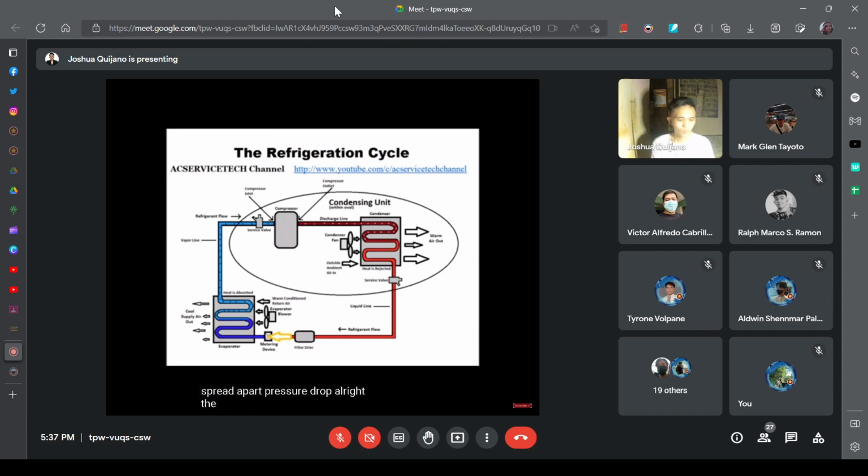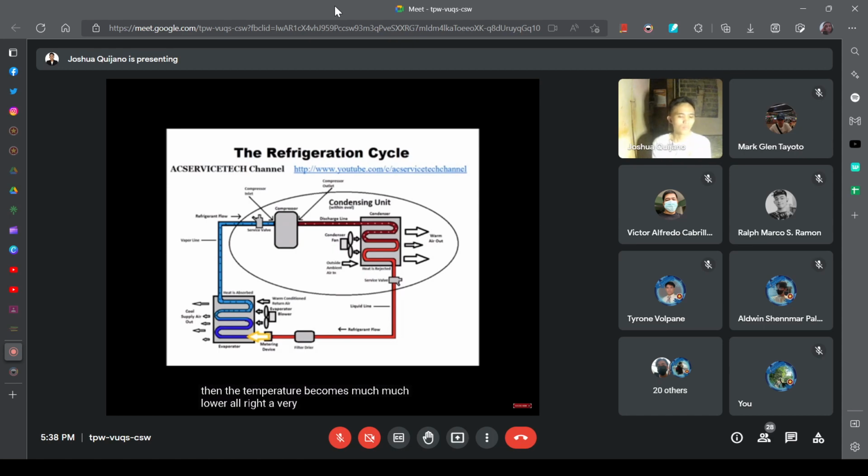All right, the molecules are all actually spread apart in the evaporator coil when you reduce the pressure, but when you have the high pressure, high temperature liquid refrigerant coming to the metering device, all the molecules are packed real tightly. Okay, so it helps reduce the pressure. All right, when after it goes through the thermostatic expansion valve, the molecules are all spread out. All right, and then the temperature becomes much lower.